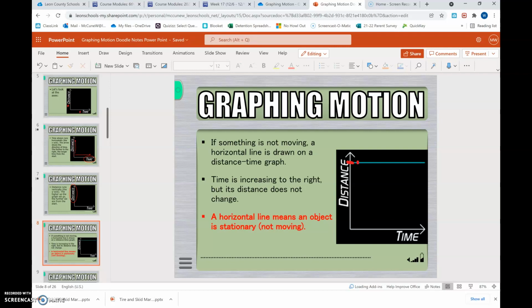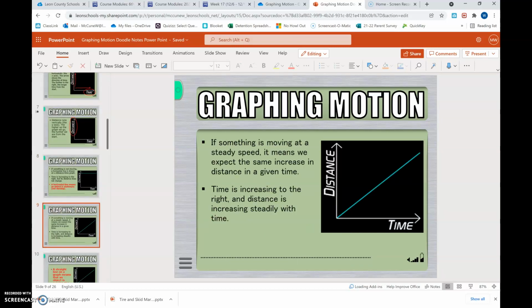So as you are plotting these points here, if we had time equals 1 second, 2 seconds, 3 seconds, 4 seconds, 5 seconds, at 1 second it was this far away, at 2 seconds it was this far away, 3, 4, 5 seconds, you can see here that the distance is remaining the same each time interval, and that's why a flat line shows you that something is not moving. Horizontal line means an object is stationary.